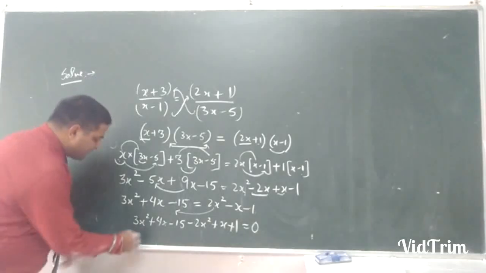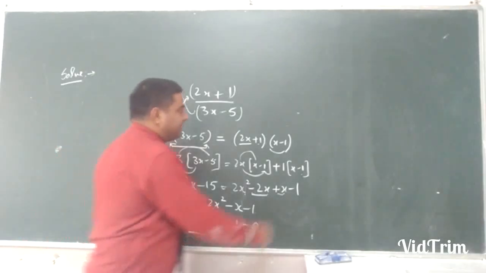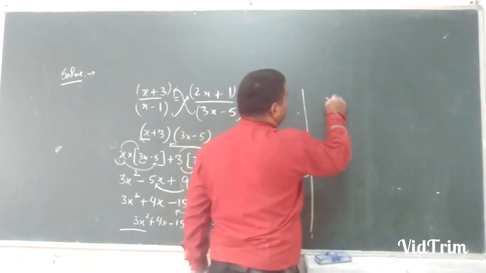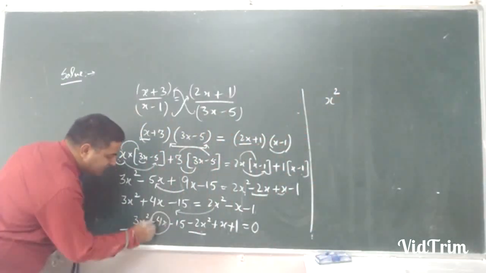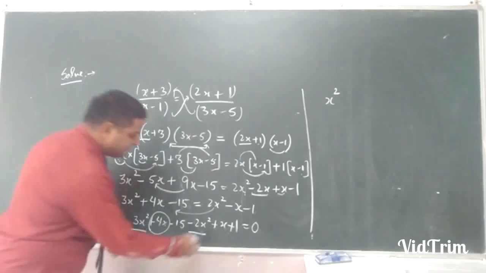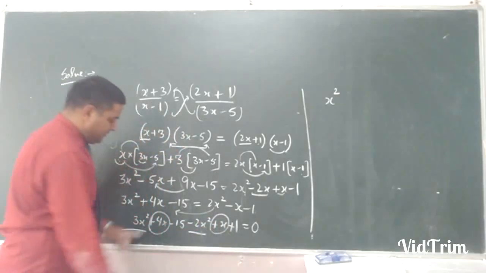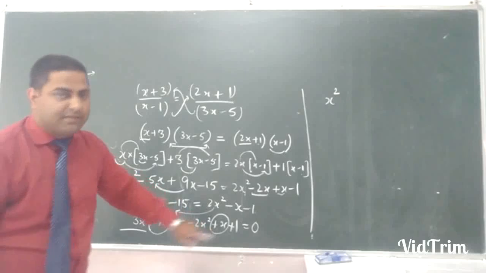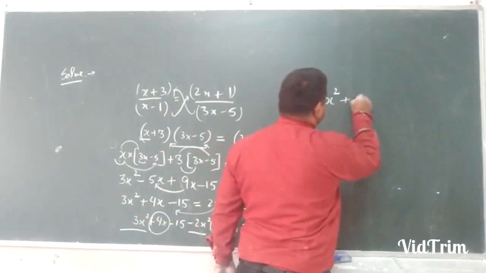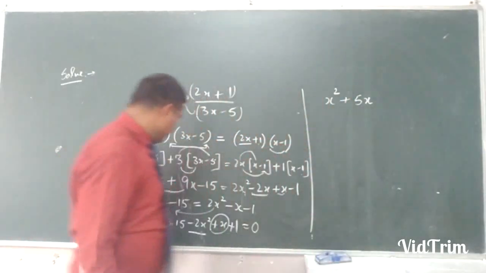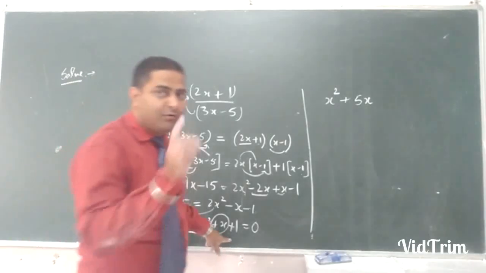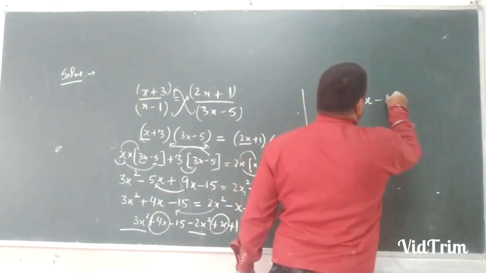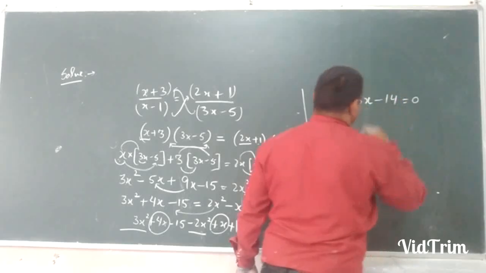Now 3x square minus 2x square is equal to x square. This is plus 4x and this is x. Plus 4x plus x is 5x. And minus 15 plus 1 is minus 14 equal to 0.